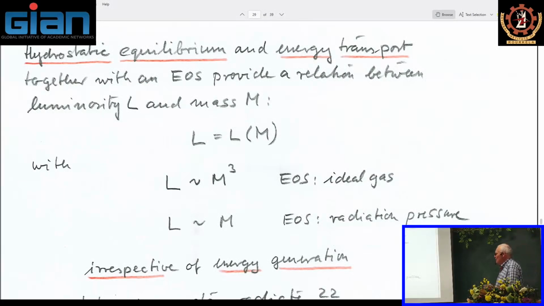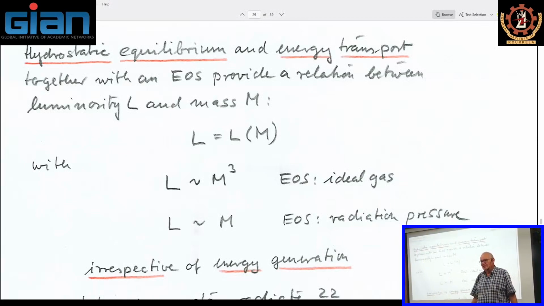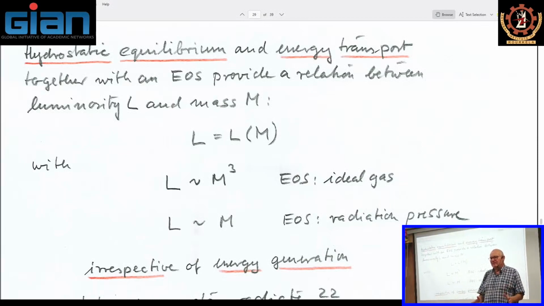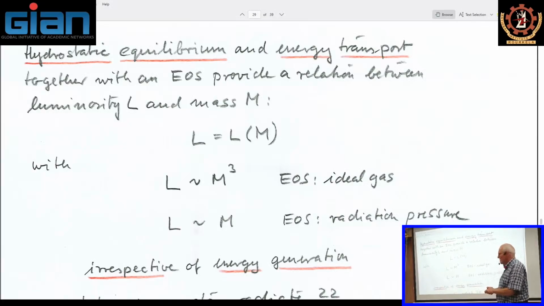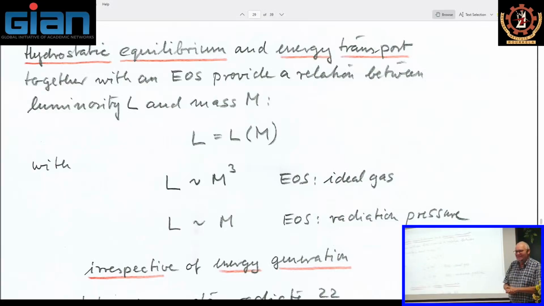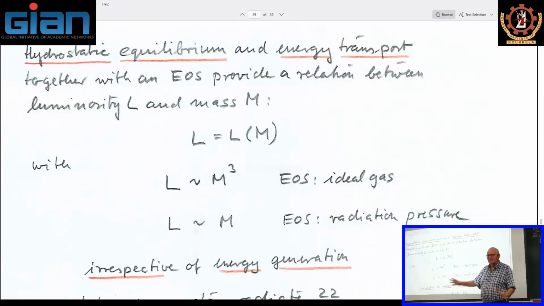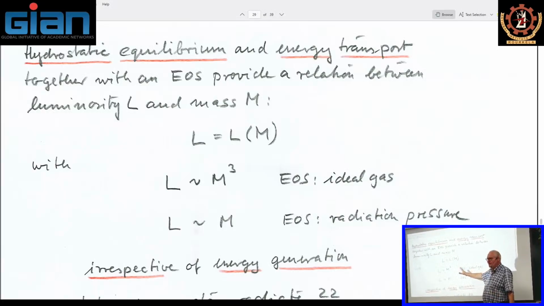Well, the essential point is that this luminosity-mass relation is valid irrespective of any energy generation process. And now we can come back to our initial question, why does a star radiate? Well, once we fix its mass, the star has to radiate at a rate which is given by the mass-luminosity relation.